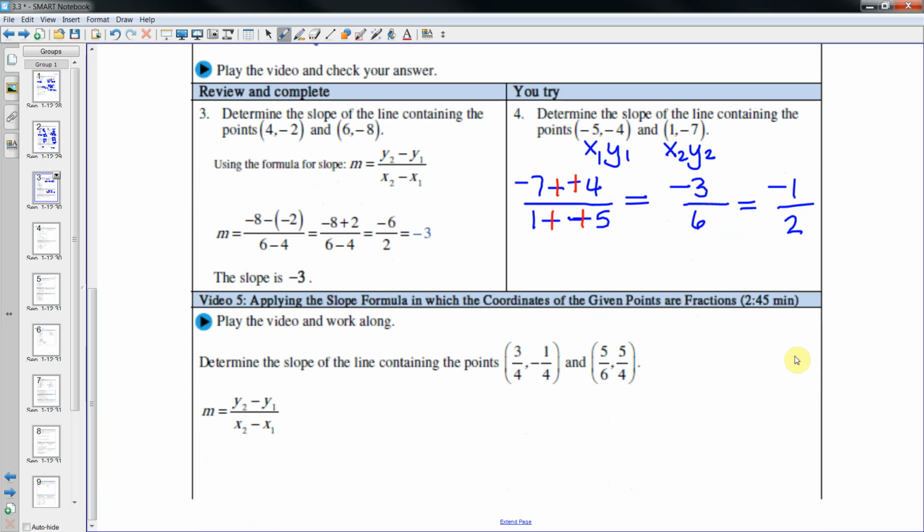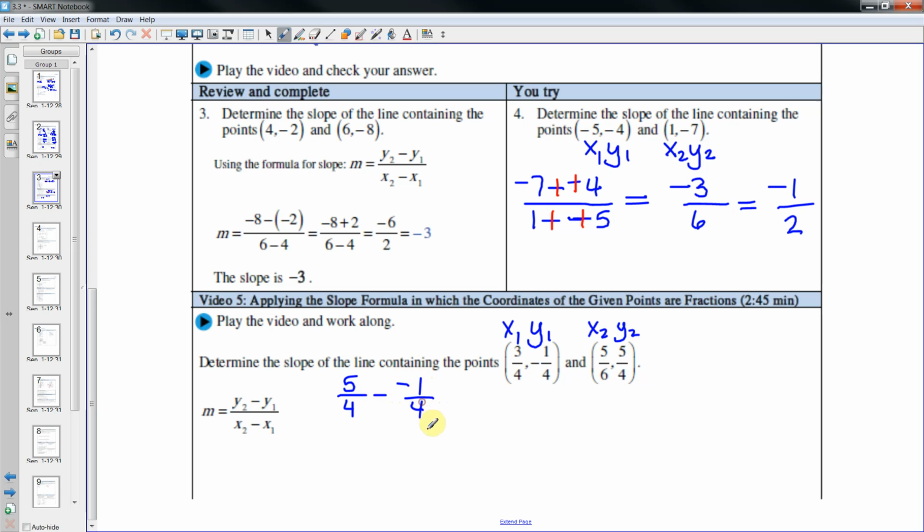Okay, so I know the next example is going to be your favorite one because it's going to be working with fractions. We're going to do the same thing. You may have to worry about finding a common denominator because, again, this formula involves subtraction. So we may have to worry about that. Let's just see when we plug it in. If I've got y2, which is 5/4, minus y1, which is a negative 1/4.